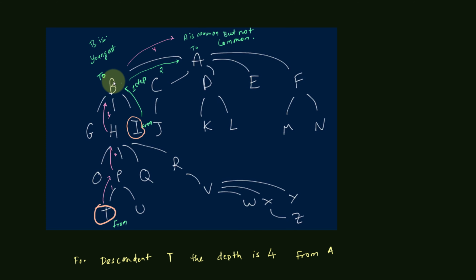So if somebody asks who is the youngest for both T and I, the answer will be B. A is also a common ancestor, but it is not the youngest one. So with this we know which one is the youngest one.